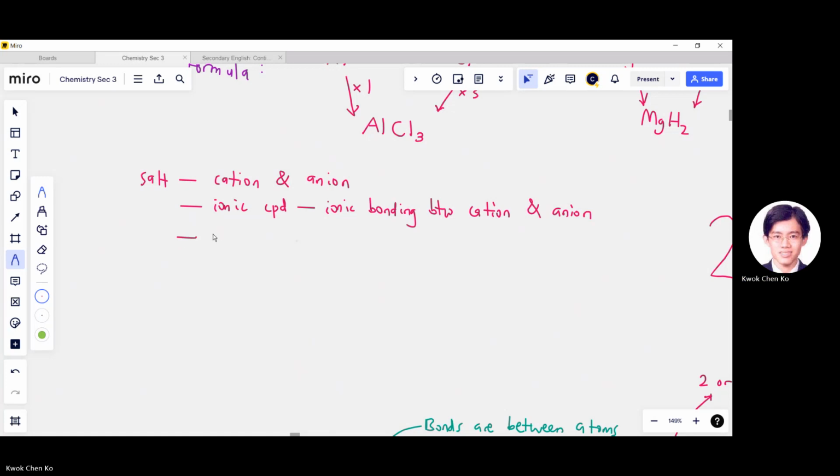Now, simple salt, sodium chloride. Dylan, which one is the cation? Okay, guys, important. I've done it last week, but it's always good to remember.